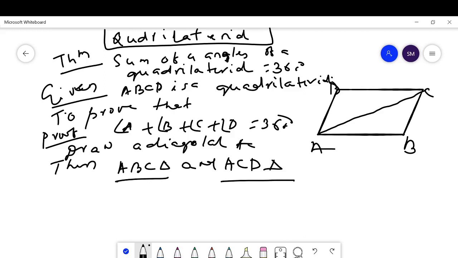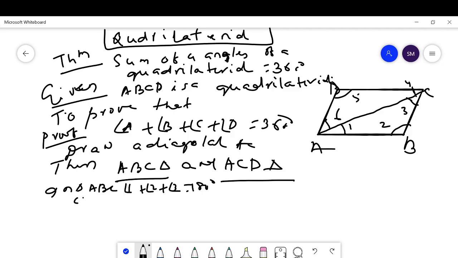As we know, the sum of three angles in a triangle is 180 degrees. Suppose this is angle 1, this is angle 2, this is angle 3, then this is angle 4, this is angle 5, and this is angle 6. In triangle ABC, angle 1 plus angle 2 plus angle 3 is equal to 180 degrees by the angle sum property of a triangle.